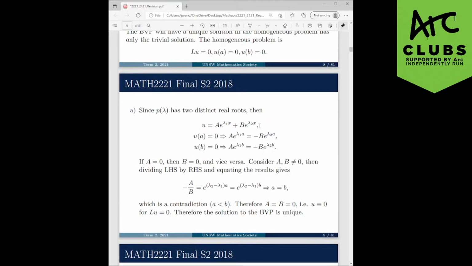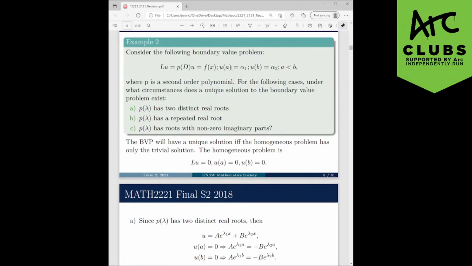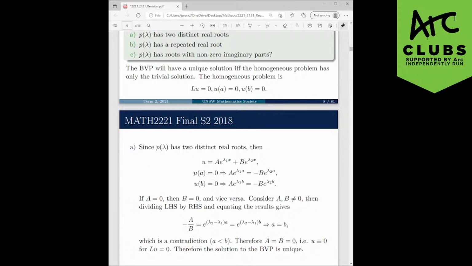Now you know from the boundary operators here that u of a is equal to alpha 1 and u of b is equal to alpha 2. But alpha 1 and alpha 2 are both 0 now, thanks to the homogeneous problem. So u of a equals 0, u of b equals 0. You end up with these once you sub in the x equals a and x equals b.